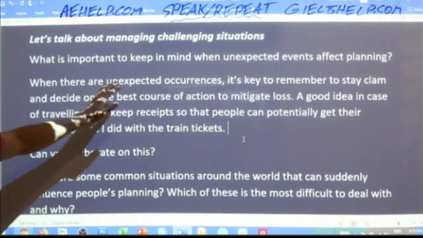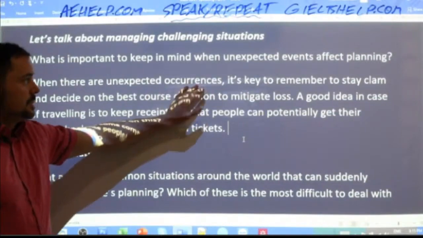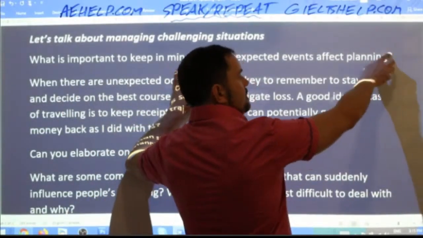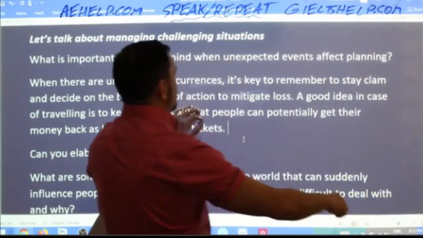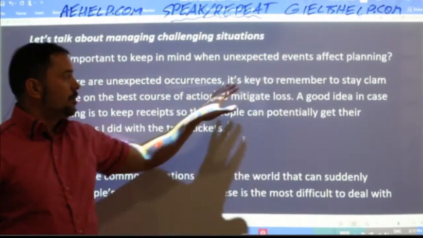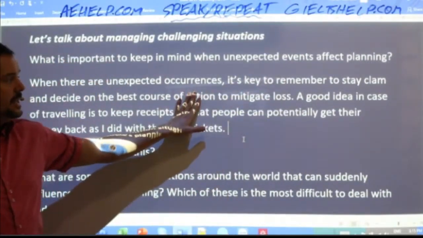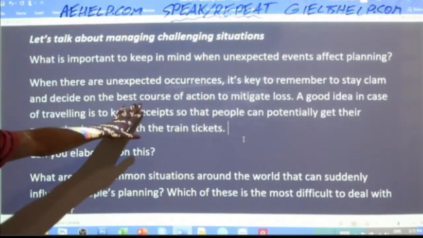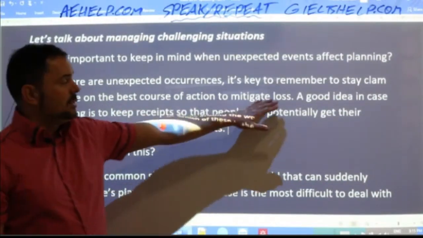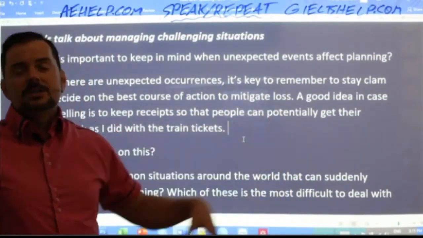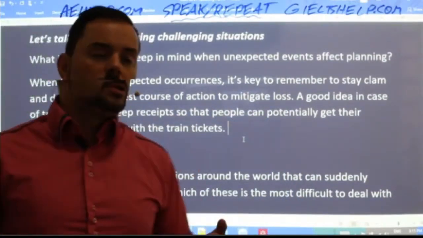When there are unexpected occurrences, I basically take this part of the question, I paraphrase a bit of it, the planning and events. I paraphrase events for occurrences. And then I give an answer. So to decide on the best course of action to mitigate loss, the reason for my answer. Mitigate loss means to minimize or to control loss.